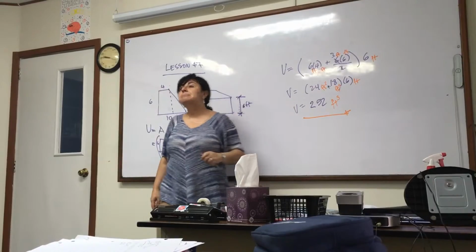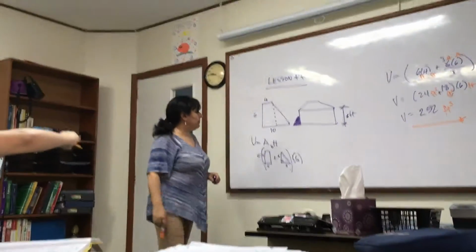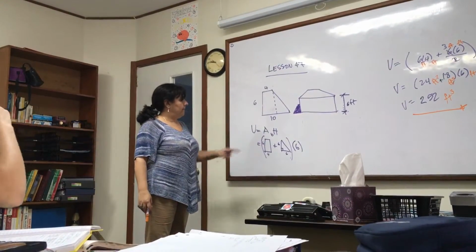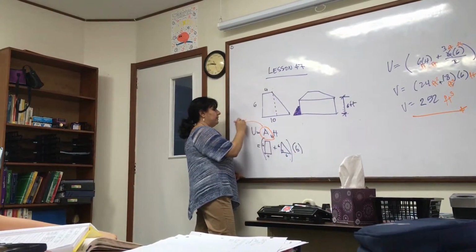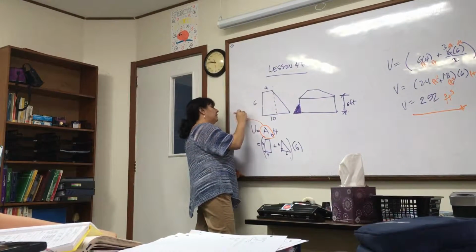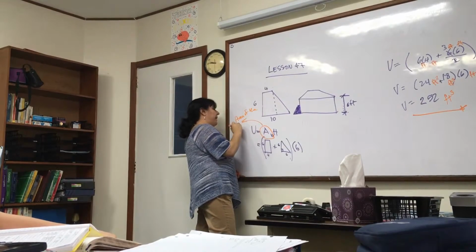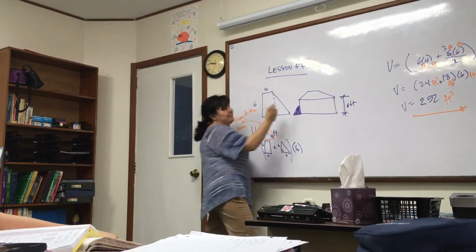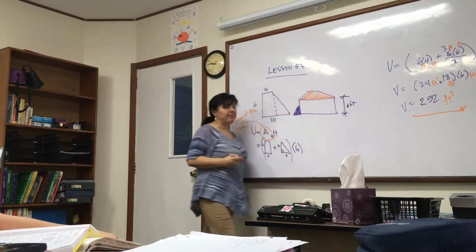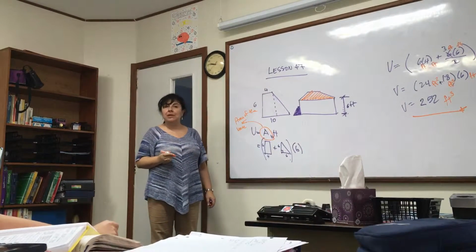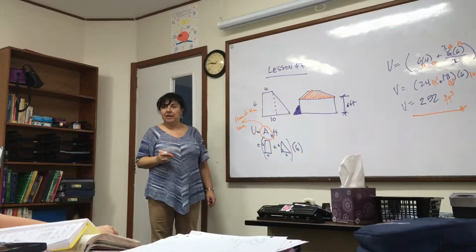And I'm confused on the first thing you did, like AB, H. What is that? Good question. This means area of the base. What is the base? The base is the shape, like that platform you stack up, that you pile up, okay?